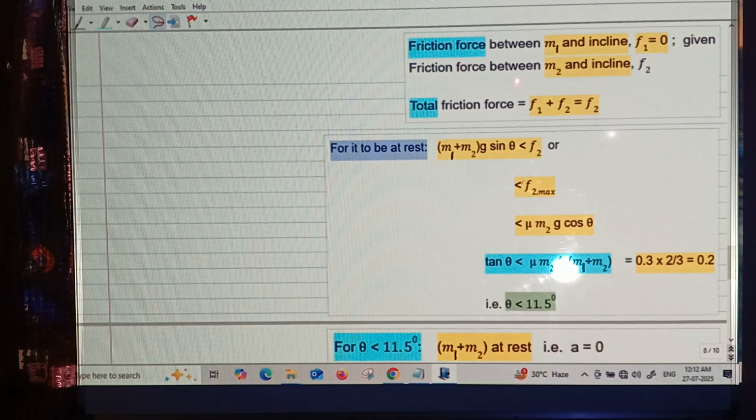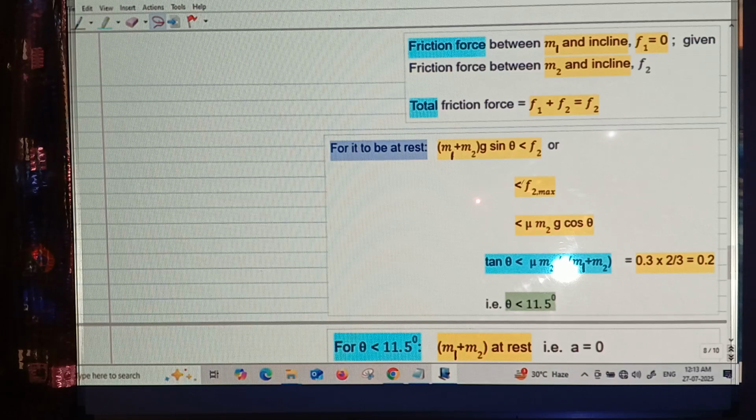It's given in the question, and M2 and incline will be F2. Total friction force F1 plus F2. For the combination to be at rest, the downward force, which is the weight component, should be less than the friction force, and even if less than maximum friction force, it will be at rest. Maximum friction force is the kinetic friction, mu times the normal reaction, M2 g cos theta.